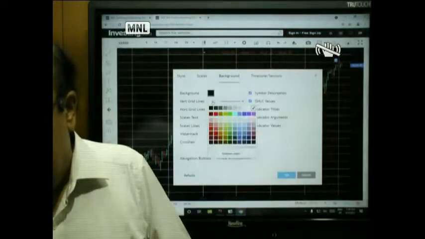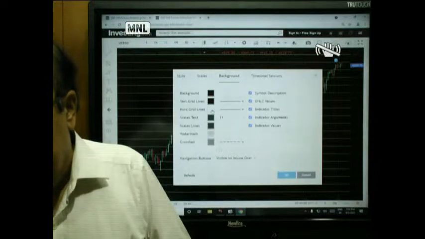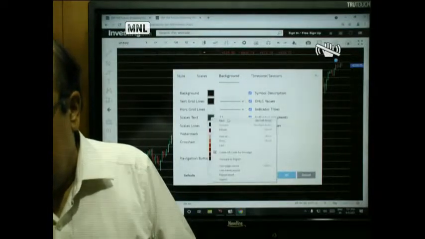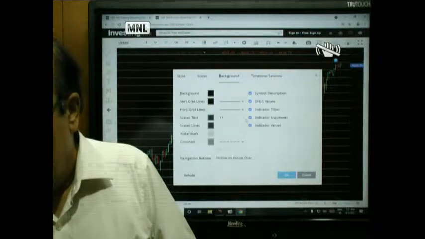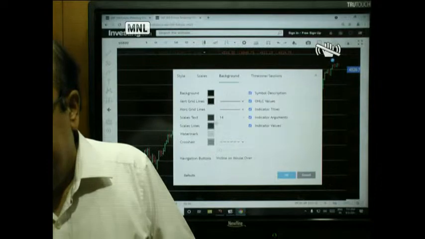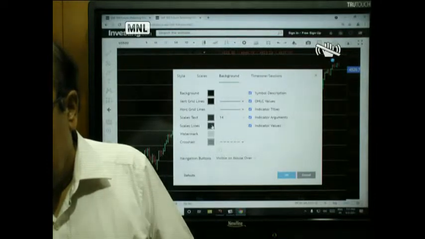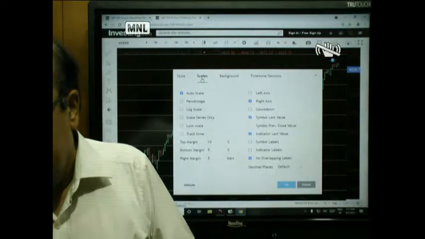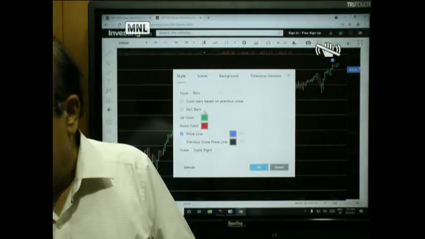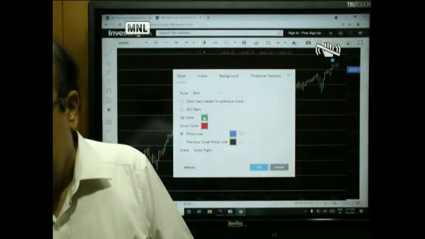I'm changing the background color for visibility purposes.